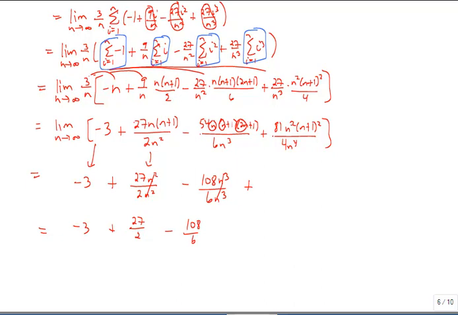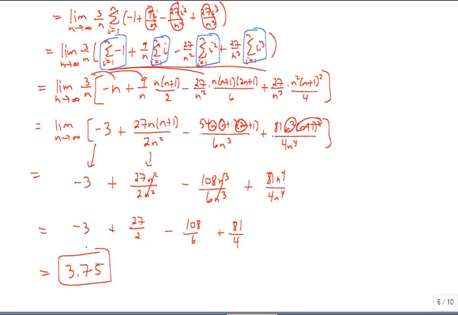And then over here we'll get an 81 n squared and an n squared, so that's an n to the fourth, over 4n to the fourth, so that reduces to 81 over 4. And then at this point I would just plug it into my calculator and figure out what that is, and it turns out to be 3.75 or 3 3/4.